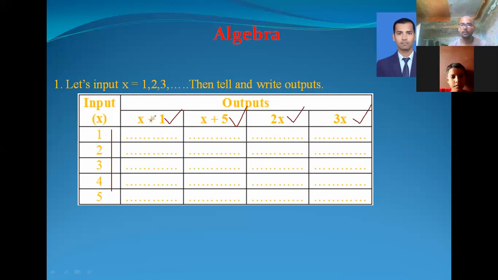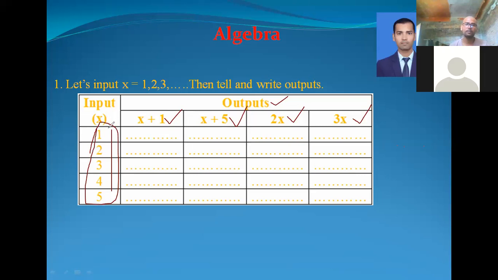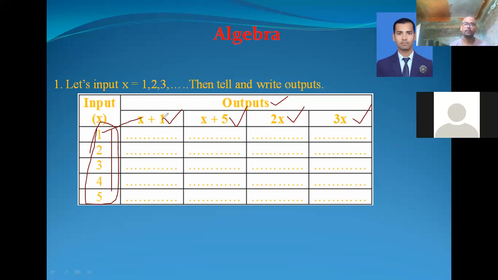To find the values of the expressions, or to find the outputs, output means the value, or the evaluation, or the result that we get after evaluating the expressions or the terms, where the replacement numbers are given to us from 1 to 5, and one by one we should replace the number at the place of the variable x.